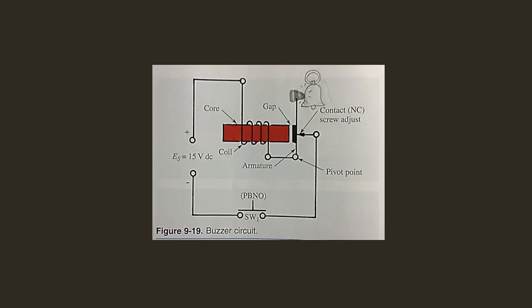The contact points open and break the circuit. The attraction of the coil then falls to zero. The armature springs pull the contact points closed. This once again energizes the coil and opens the contacts. This action continues as long as a voltage is applied.